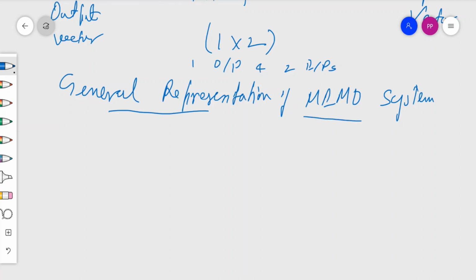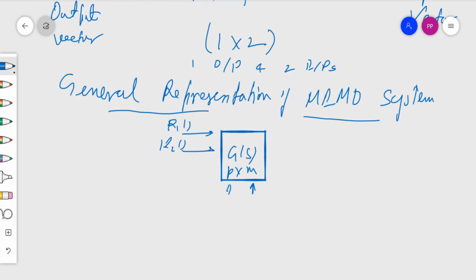And this is your plant, which is definitely P by M, because there are P outputs and M inputs to the system. So we have M inputs, so I have R1s, I have R2s, like that I have RMs.